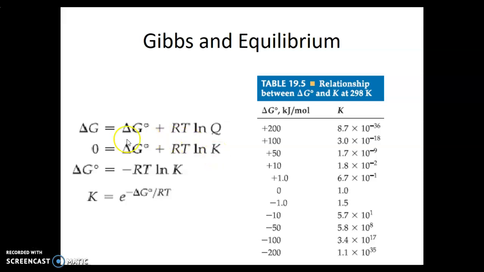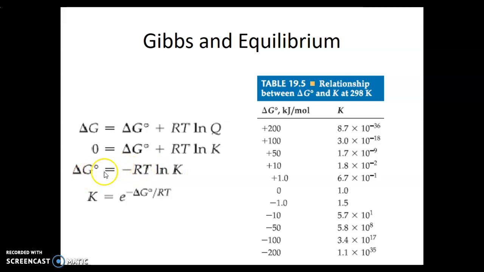If you rearrange that equation, delta G standard is equal to negative RT times the natural log of K. And so this is how equilibrium can be related to the Gibbs free energy. If you have an equilibrium constant that is above 1, that means that the reaction favors the products. It also means that it is thermodynamically favored.